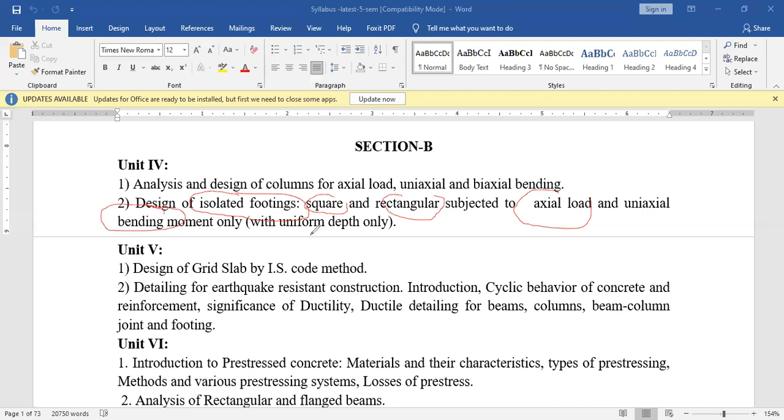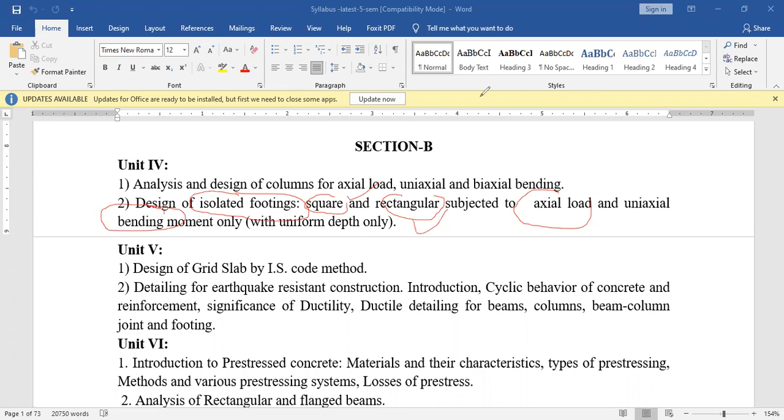Now, the thing is, only square and rectangular isolated footing is to be designed in our case.